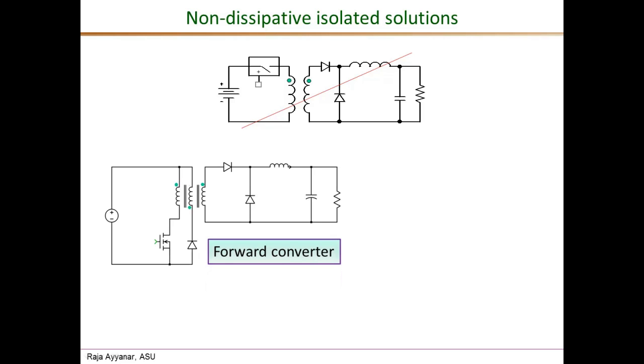So the only difference between this circuit and the new circuit is what is shown in this red dotted box, and it's called the reset winding. We add an extra winding to the transformer, a very small winding, and it's connected through a diode to the input source. Okay? So the basic operating principle is here.